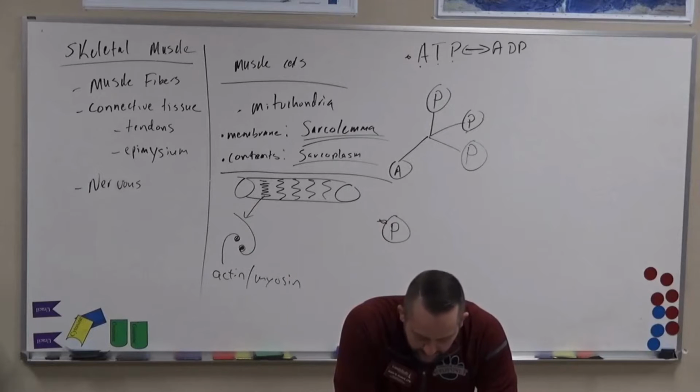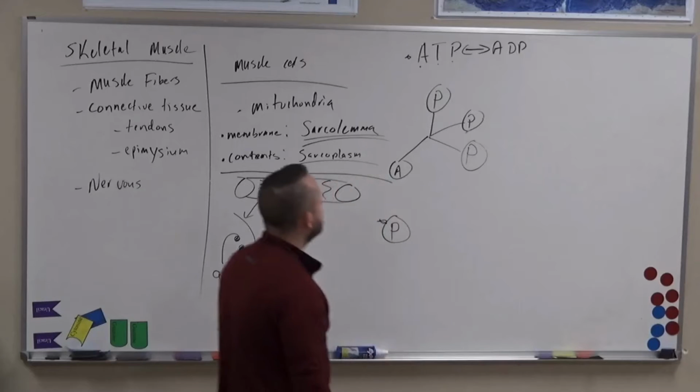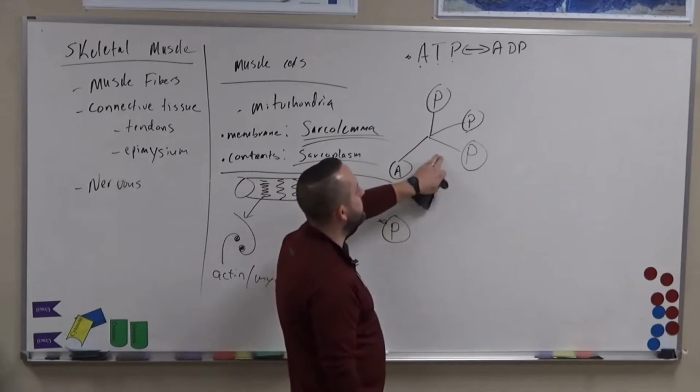Skipping down here, when muscles are actively contracting for extended periods of time, fatty acids and glucose become primary energy sources. Okay? As ATP and creatine phosphate stores are being used, more ATP is produced from the metabolism of glucose and fatty acids. So we can get ATP from multiple sources. We've got some stored.